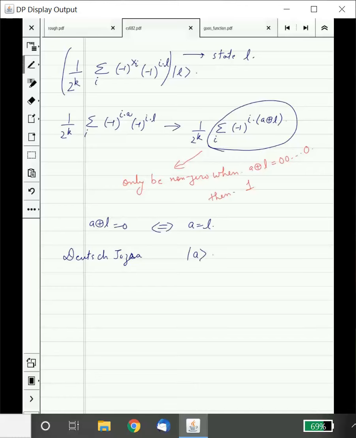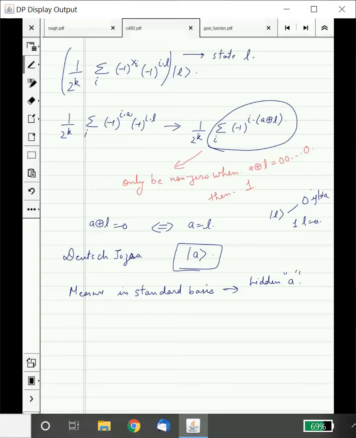It turns out that the amplitude of L was 0 if L was not equal to A and 1 if L was equal to A. That basically means that our final state is going to be A. We measure in the standard basis, and that will give us the hidden A. That will complete the algorithm. We finally get the hidden string.